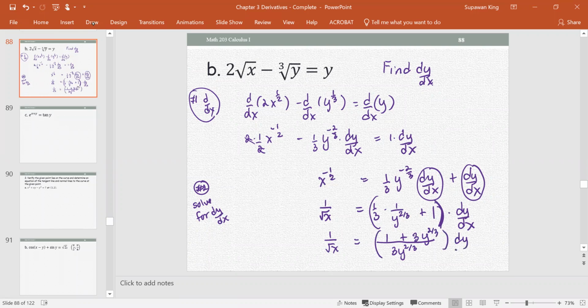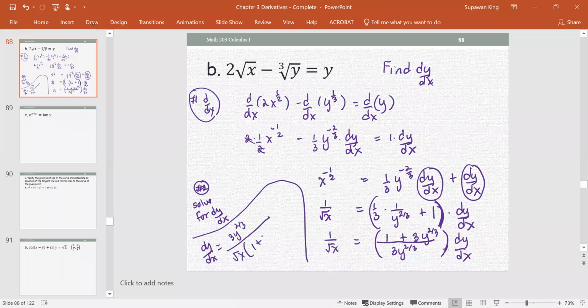Therefore, dy by dx is obtained by multiplying both sides by the reciprocal of the quantity that is the coefficient of dy by dx, to get 3y to the 2/3 divided by the square root of x multiplied by 1 plus 3 times y to the power 2/3.